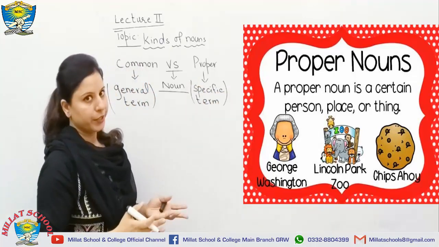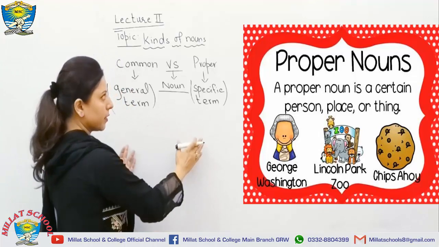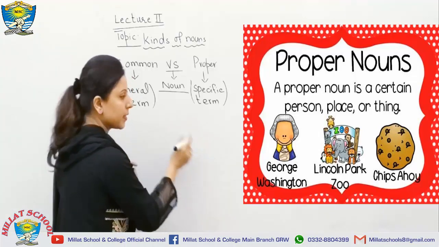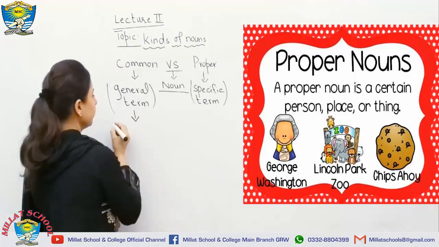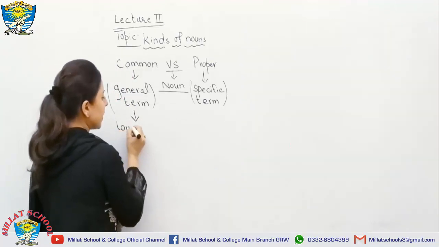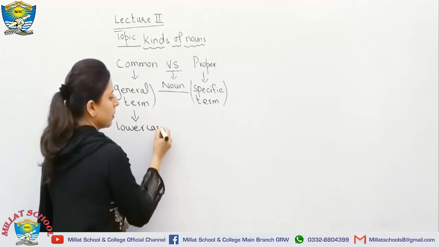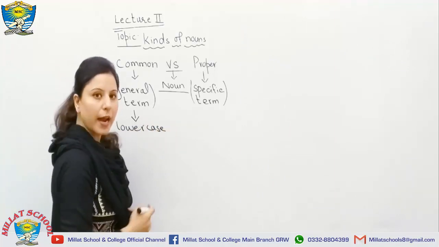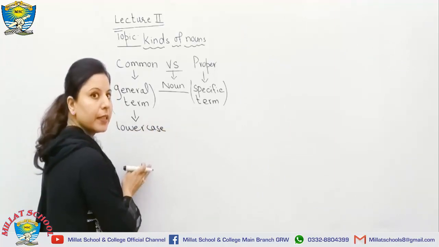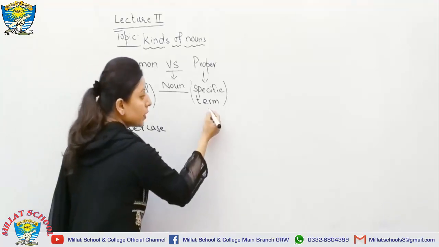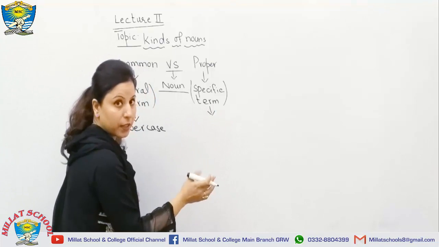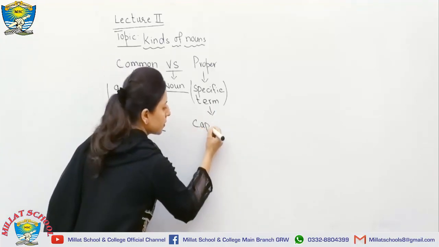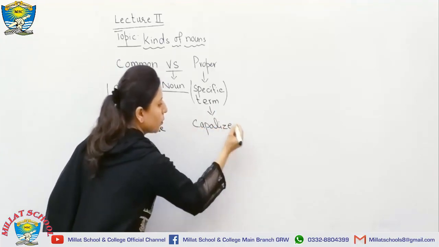What is important about these 2 kinds? The common noun must be written in lowercase letters, which means there is no need to write a capital letter in these terms. But for the proper noun, these terms must be written capitalized. Right?